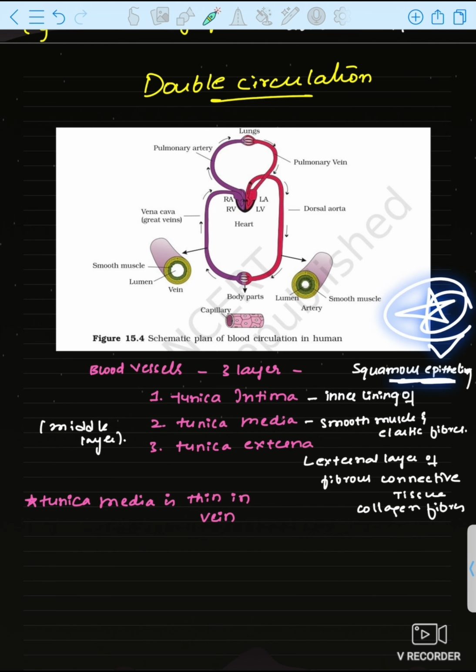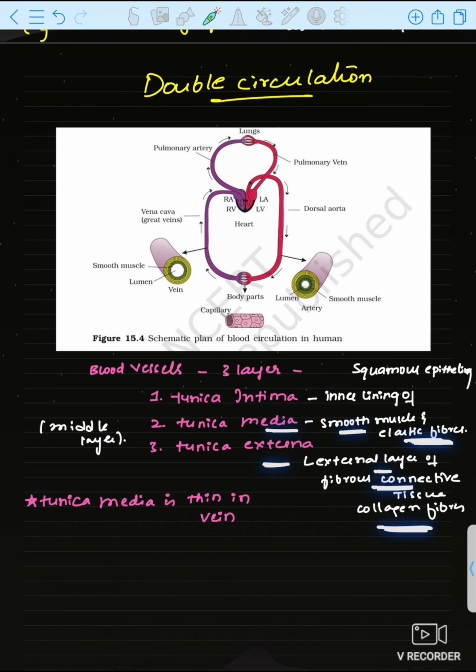Remember, inner lining is squamous epithelium and middle layer is smooth muscle and elastic fibers, and externa is the external layer of fibrous connective tissue and collagen fiber.